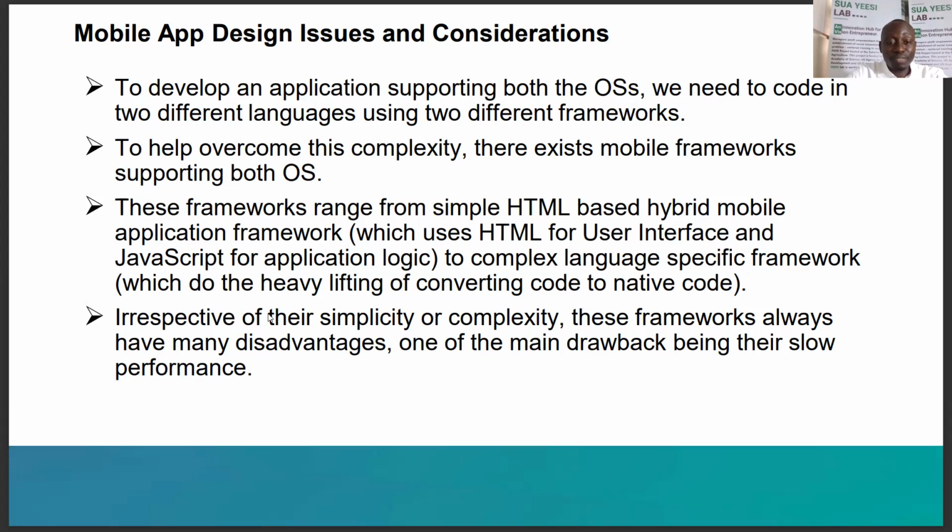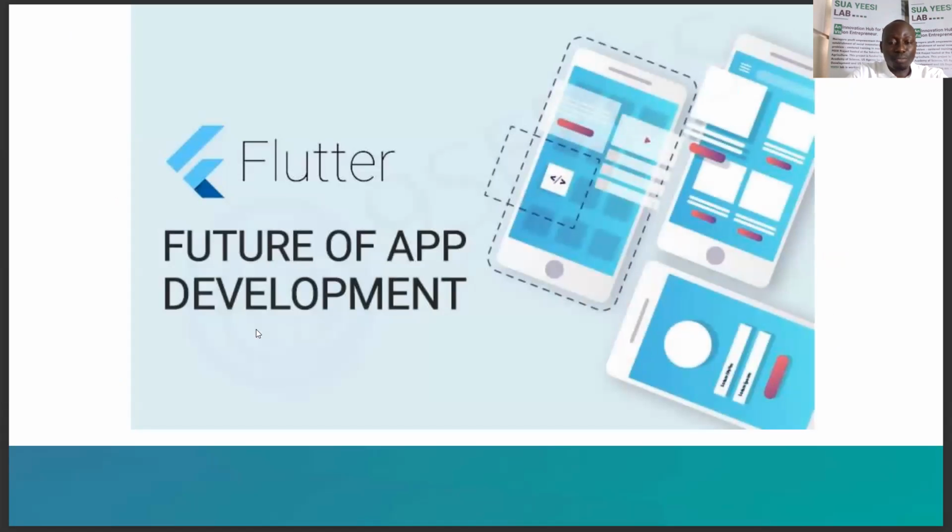So we say, irrespective of their simplicity or complexity, these frameworks and platforms always have many disadvantages. One of the main drawbacks being their slow performance. Some of the platforms have drawbacks, including performance becoming slow when you run these apps on our mobile phones.